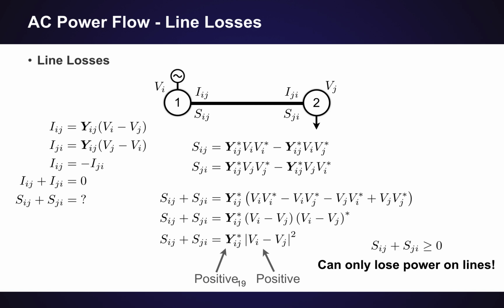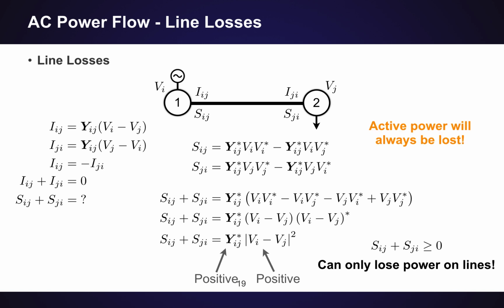From that you can deduce a valid inequality, which says that when you sum up Si and Sj, in both the real and imaginary part, you can only lose power on the line. So this value can only be greater than 0.